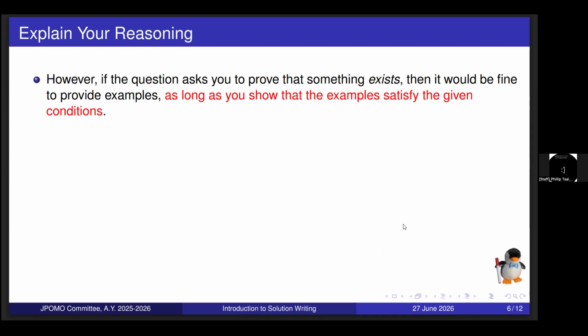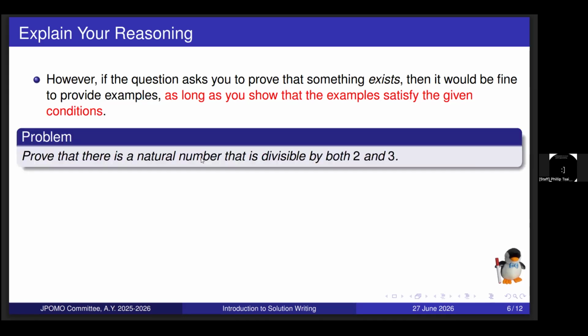However, if the question asks you to prove something that exists, then it will be fine to provide examples as long as you show that the examples satisfy the given conditions. For example, prove that there is a natural number that's divisible by 2 and 3. In this question, we only need to find a natural number that is divisible by both 2 and 3. And afterwards, we just need to show that it is indeed divisible by 2 and 3.